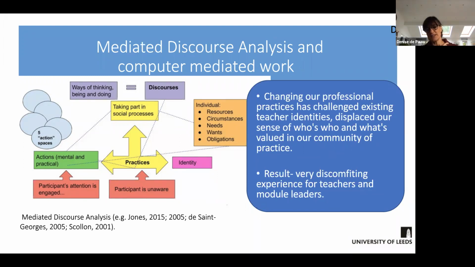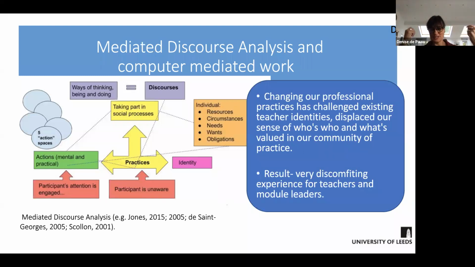If we think about discourses as ways of thinking, being, and doing, these emerge and shape us as we take part in social processes. And taking part in social processes means participating in particular practices. So if we think about teaching, we definitely have an idea of discourses around teaching.